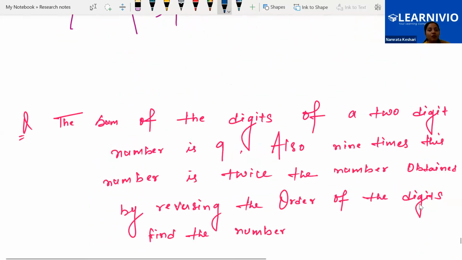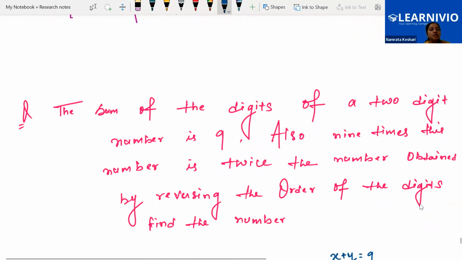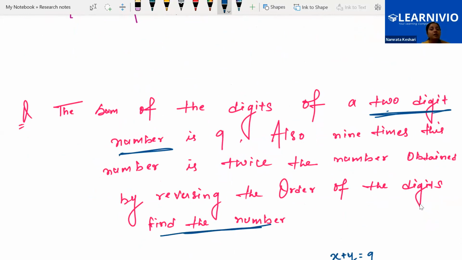Now let's get back to our question. Our question says the sum of the digits of a two-digit number. A two-digit number is there which we have to assume, because in the last part it is asking to find the number, that means find the two-digit number.